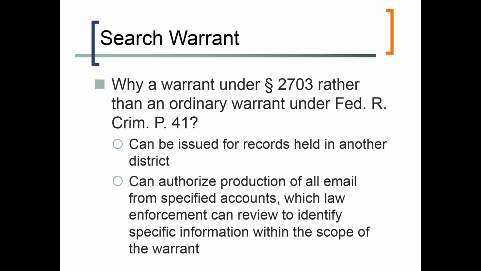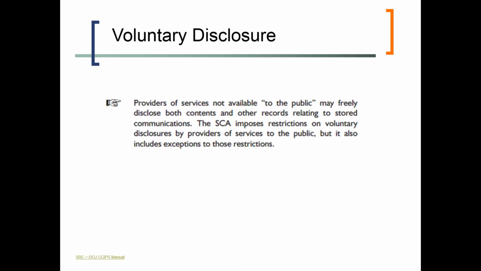But under 2703, the government is able to do that. And then what the government has to do is review that information and identify which specific emails, for example, are within the scope of the subject matter of the warrant and retain those specific emails. But obviously this allows a much bigger nose in the door, so to speak, than a Rule 41 warrant might otherwise allow.